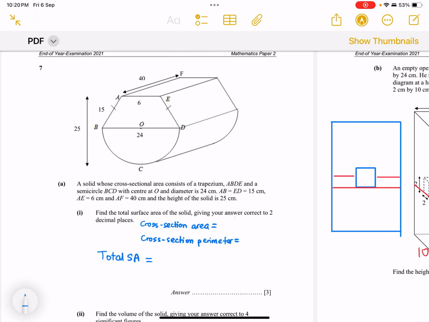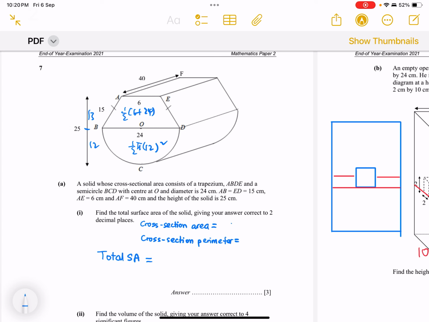So the area of the cross section is half pi r squared, plus the area of the trapezium, which is half the sum of the parallel sides times the height. The height here is, well, this one is radius 12, so this is 13.